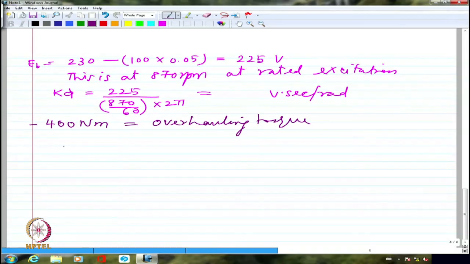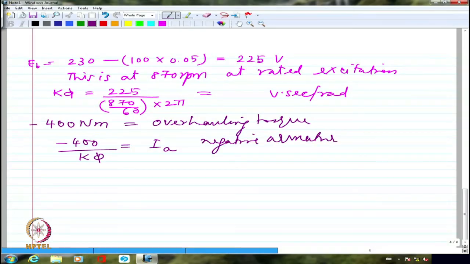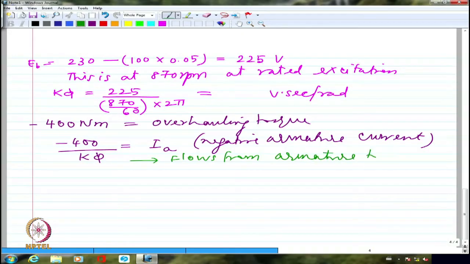So I should say minus 400 divided by this K5 should give me the value of IA, which will be actually a negative armature current, which means it is flowing from the armature into the power supply. That's what it means. The current direction is reversed. So this flows from armature to the power supply.